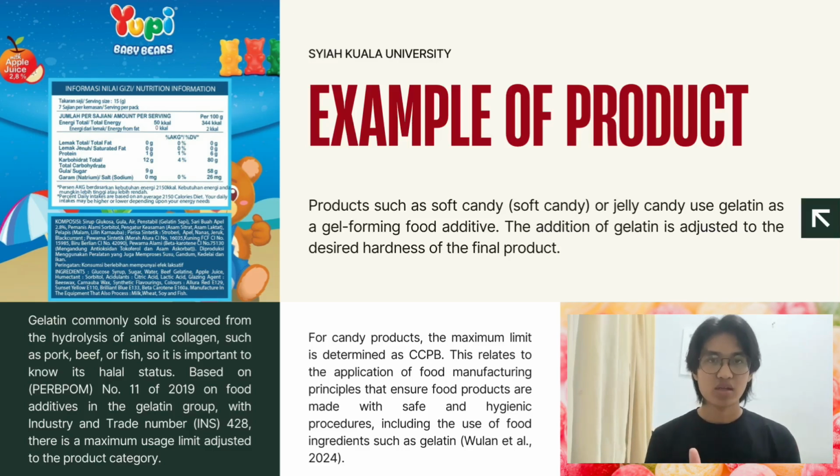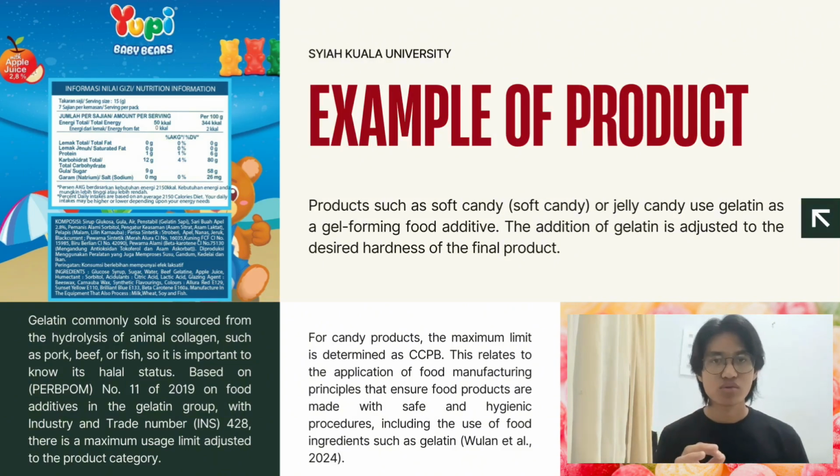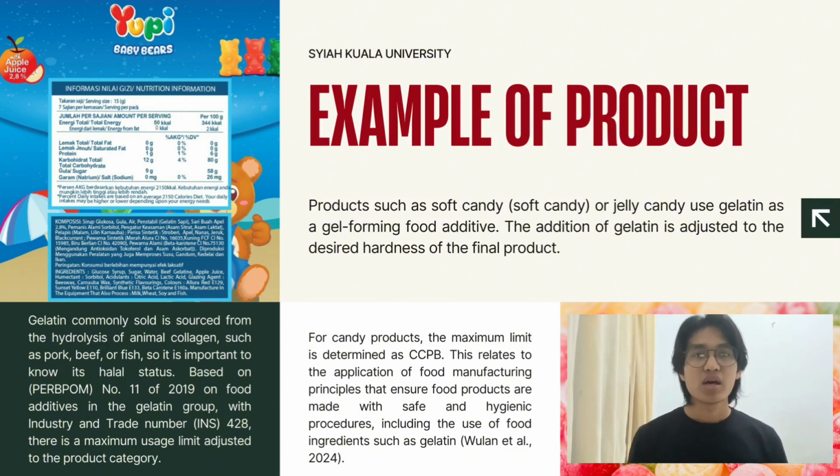So for candy products, the maximum limit is determined as CPPB. This is related to the application of food manufacturing principles, that food products are made with safe and hygienic procedures, including the use of food ingredients such as gelatin.